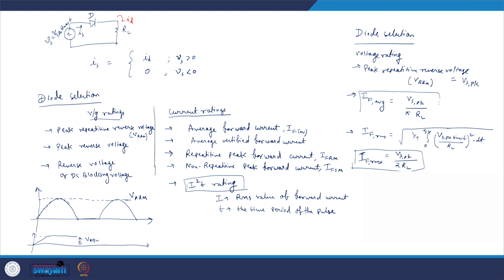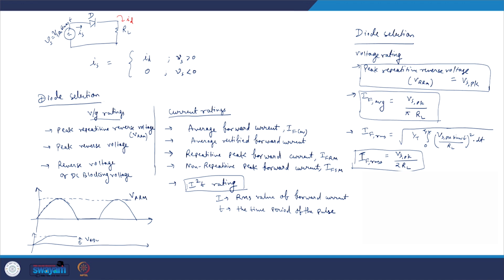This is the average value of the diode current; one can select depending upon the value of the load it is supplying, and the voltage rating one can select using these three ratings, and the appropriate diode can be selected. However, these ratings which I mentioned are the ratings determined by the circuit in which it is being operated. However, there are other ratings also, like forward voltage drop of a diode and also the dynamic resistance.